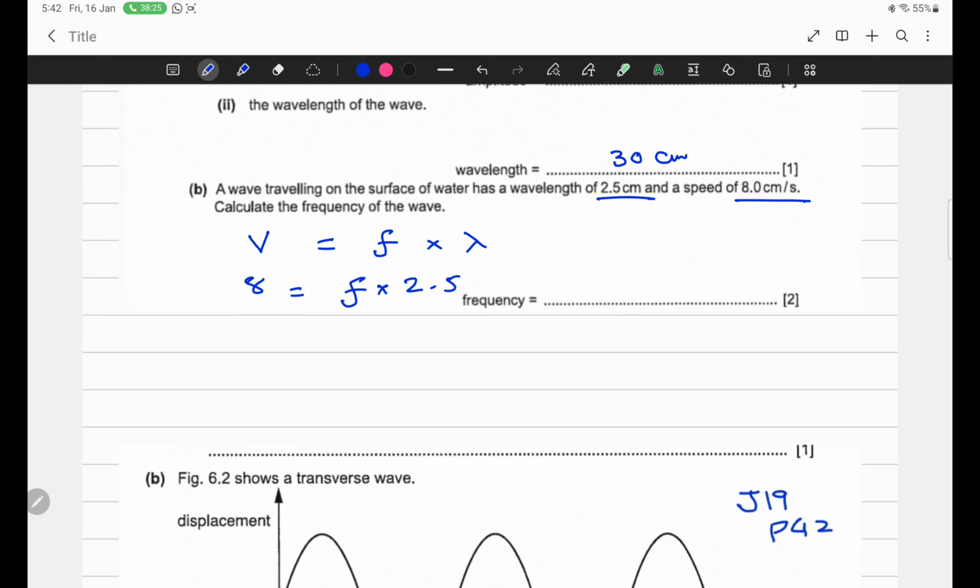Navia, beta, can you answer 8 divided by 2.5? 3.2 hertz. So this is a mathematical calculation, and I think you should note it. Speed is the product of frequency and wavelength.